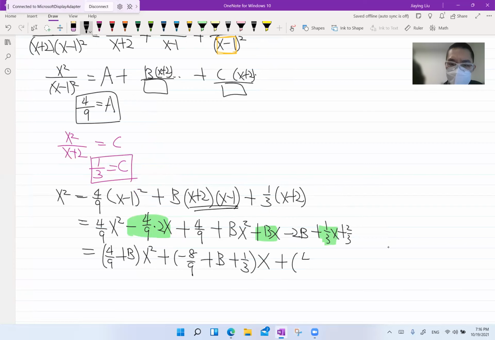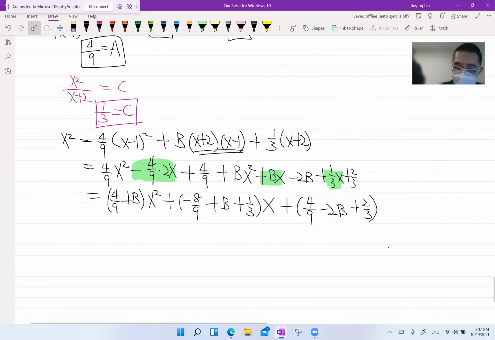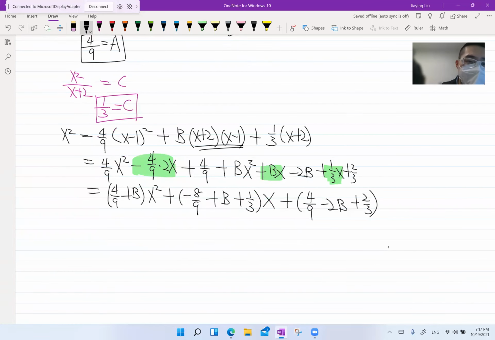So I have 4 over 9 minus 2b plus 2 over 3. Oh my goodness, I hope I'm not making a mistake here, but anyway, the idea is that you expand it fully. And then the left side, we should also have x squared, x, and a constant term.